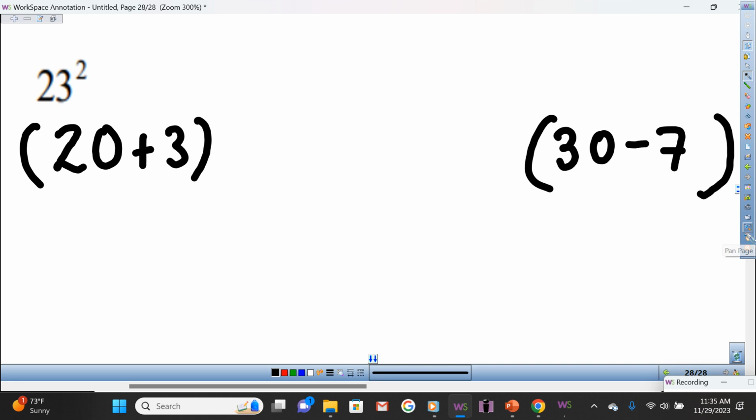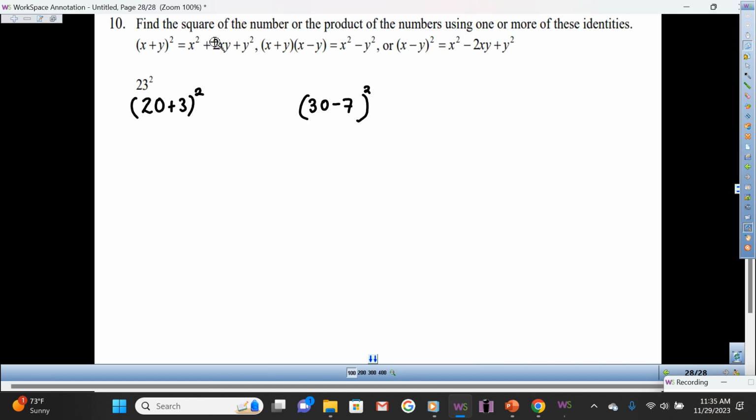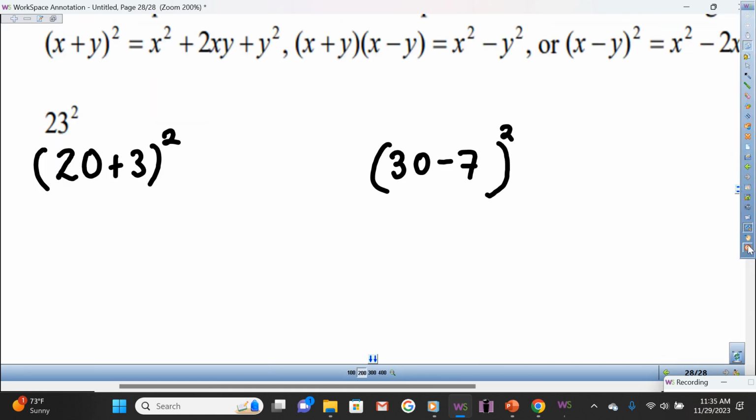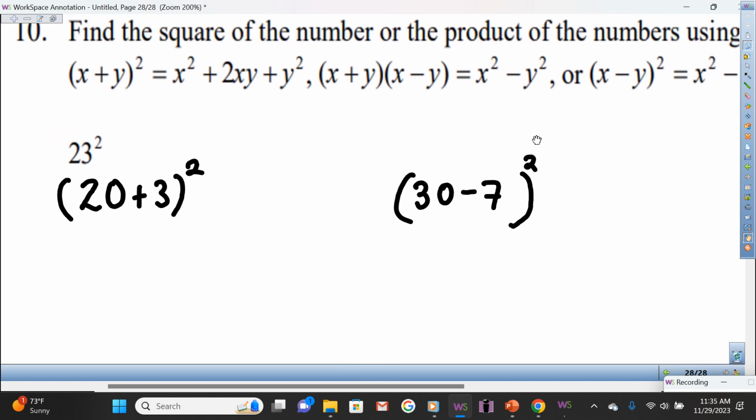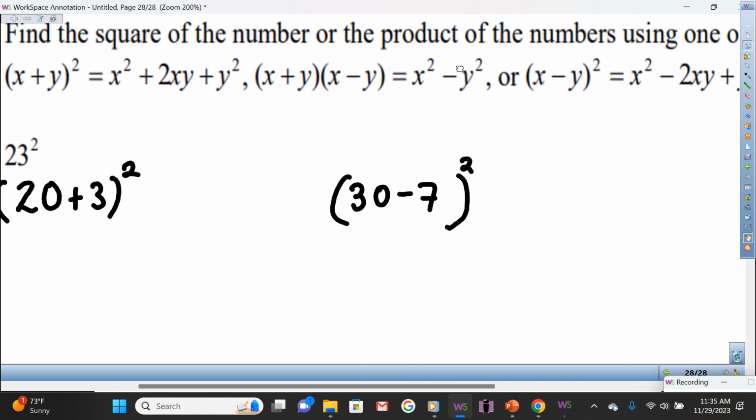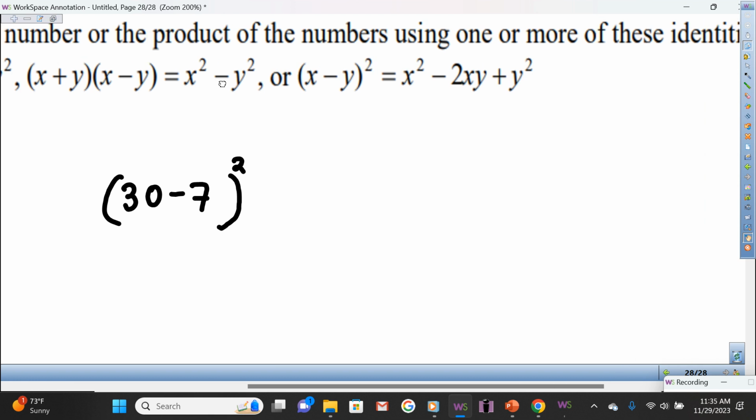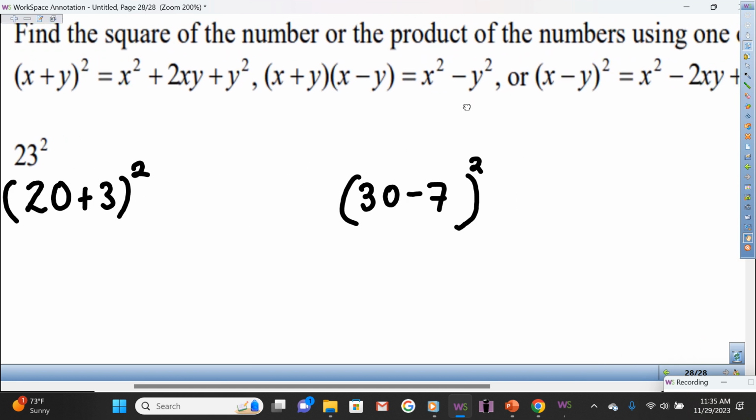Now, why would we want it like that? Well, because now we can write this like so, and look at the identities that they give us. The problem reads, find the square of the number or the product of the numbers using one or more of the identities. How many identities do we see?